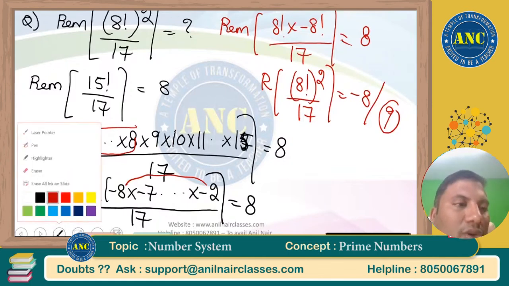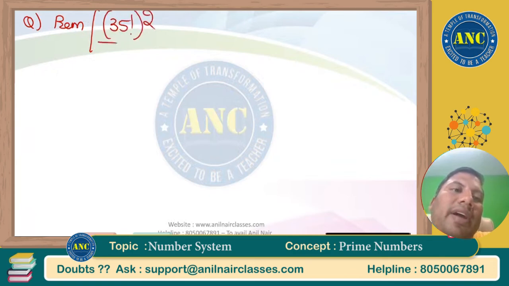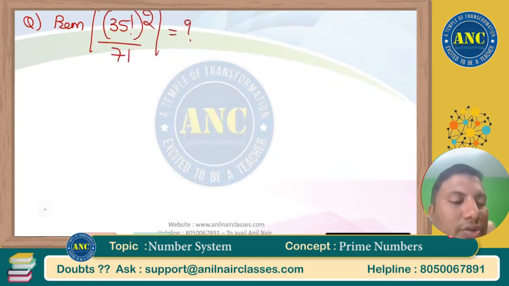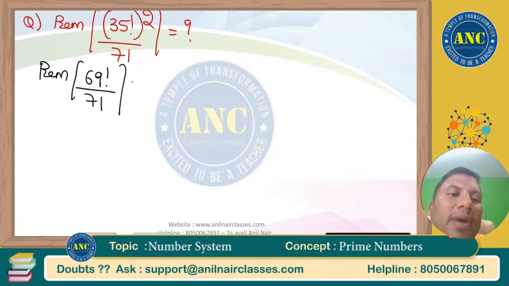Now another question, let us solve. Remainder of 35 factorial whole square divided by 71. These are nothing but the remainder of 69 factorial divided by 71, that is p minus 2 factorial, what we took in the previous question.